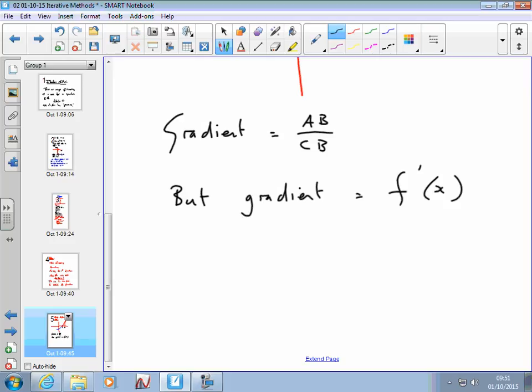If you think back to last year, that prime symbol is used to represent the differential of the function. That prime means the differential.